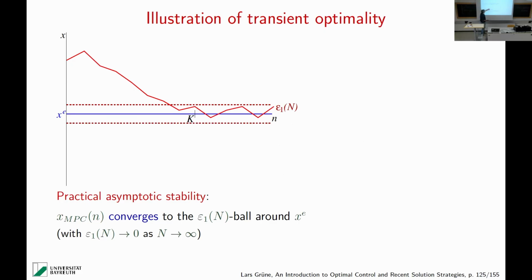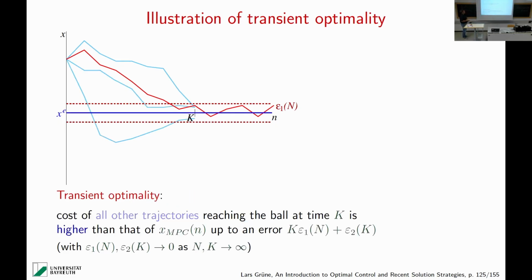Well, for transient optimality, we fix some time k where we are inside this neighborhood. And then we look at different possibilities to control the system from the initial condition to that neighborhood. And then the statement is that what model predictive control will give you is the cheapest, except for some error term which tends to 0 as n tends to infinity.